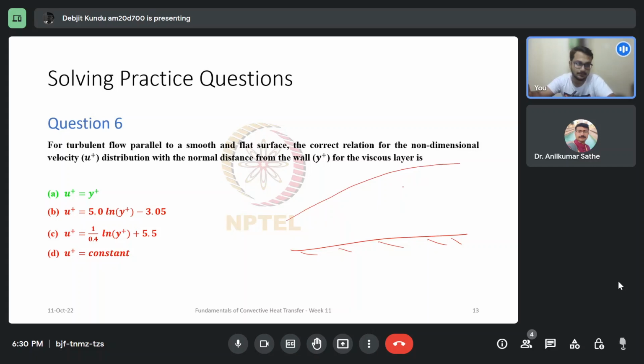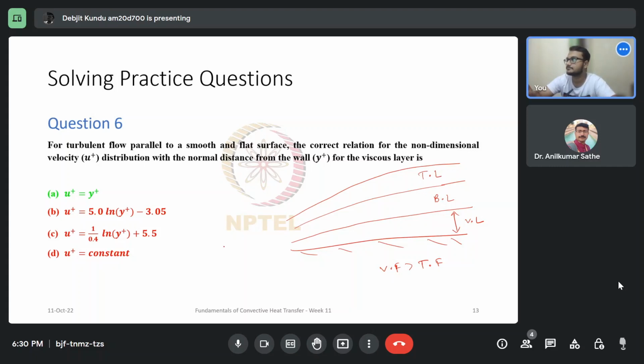This is the turbulent boundary layer. Even in that region, there is this viscous layer within which the viscous forces dominate the turbulent fluctuations. And there is a buffer layer in between, and there is this turbulent layer.